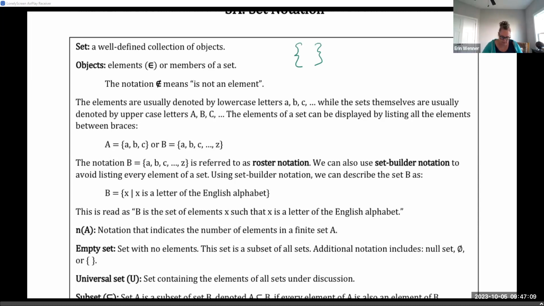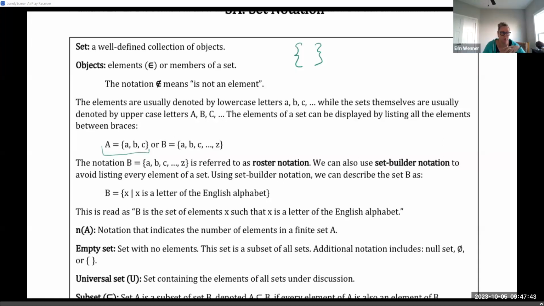What we have listed here, this first set is set A, and it contains the elements a, b, and c, versus set B, which contains the elements a, b, c, all the way down to z. That notation, B equals a, b, c, dot dot dot, z, the dot dot dot indicates the pattern we are recognizing, meaning the letters of the alphabet, continues to the letter z.